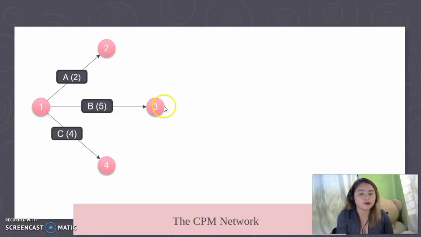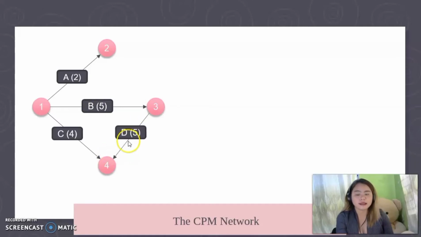Therefore, we have to start here and end here, because C and D both end at the same place, in node 4. So far we have done activity A, B, C, and D.